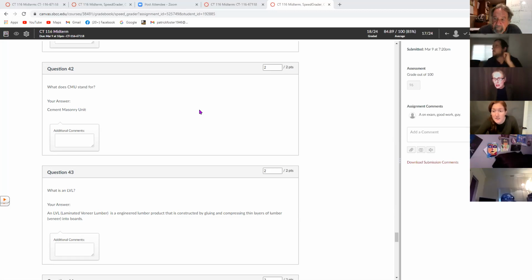No, honestly, I'm not really sure about CMU. I'm not familiar with it. But does he do block wall foundations? I'm not really sure. They use a lot of different ones. I think they're just calling them cement blocks.